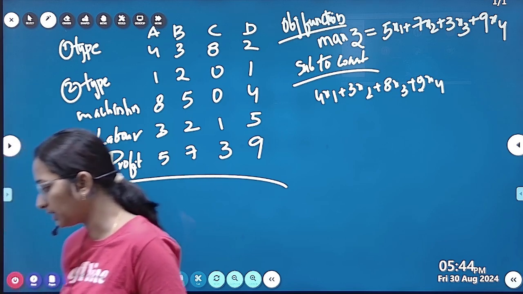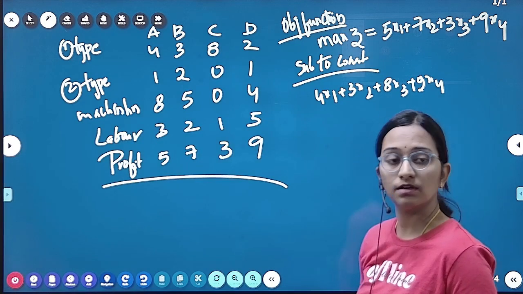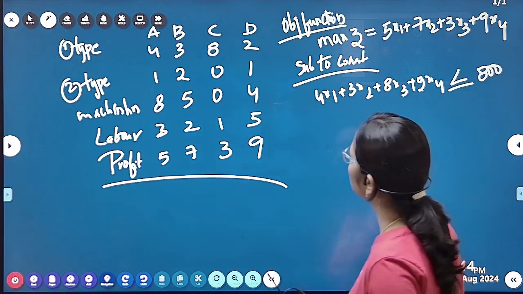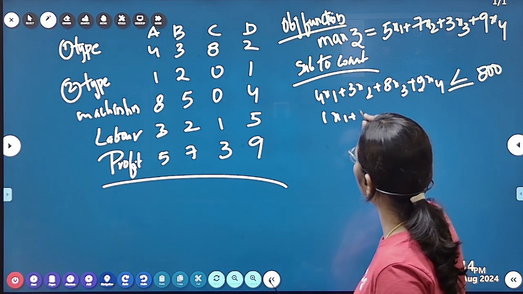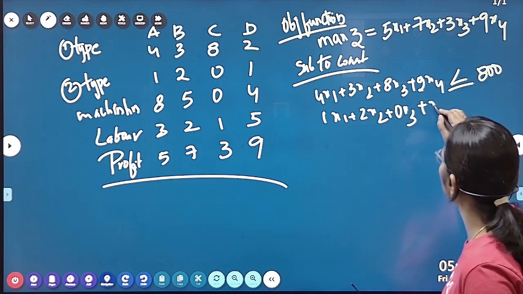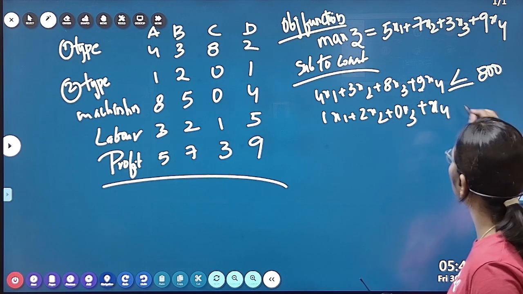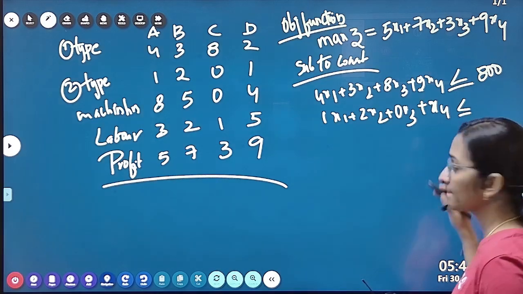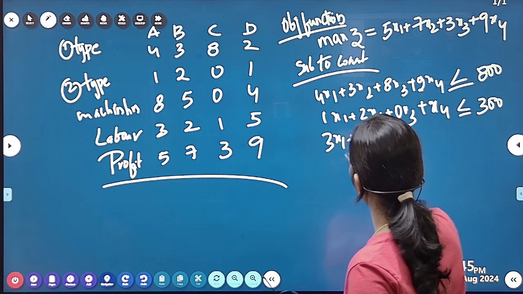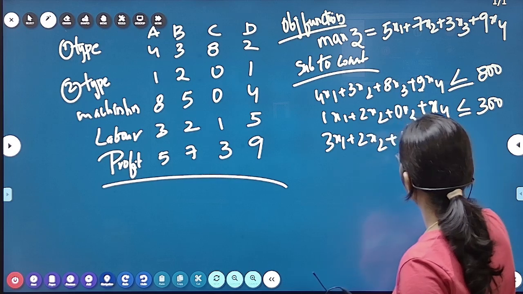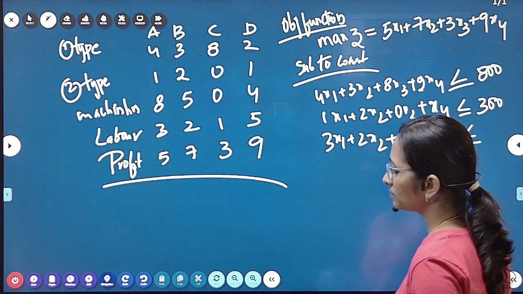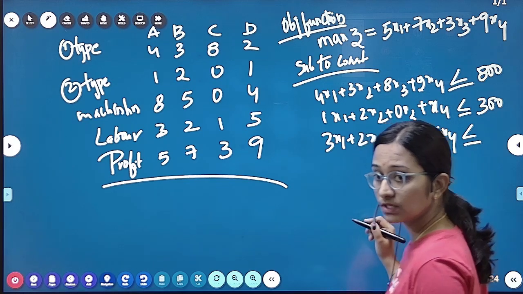Limited supply of 800 kgs means it is less than or equal to 800. Next, 1x1 plus 2x2 plus 0x3 plus x4 less than or equal to 300. Next, 3x1 plus 2x2 plus 1x3 plus 5x4 for labor is less than or equal to 900.